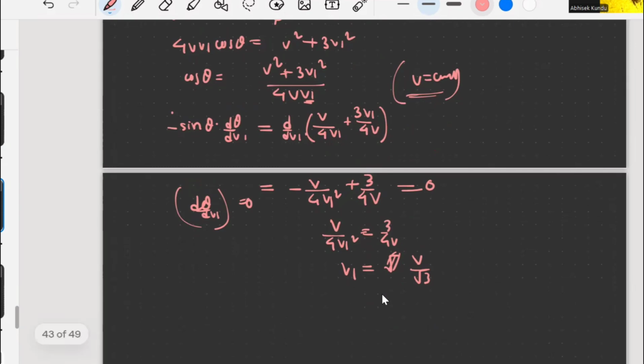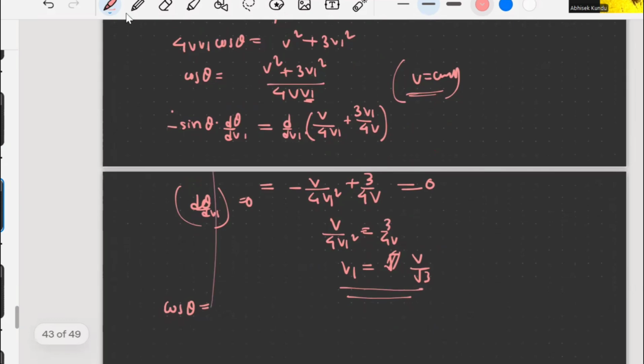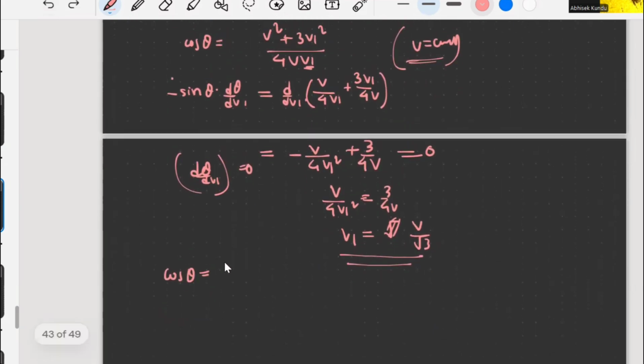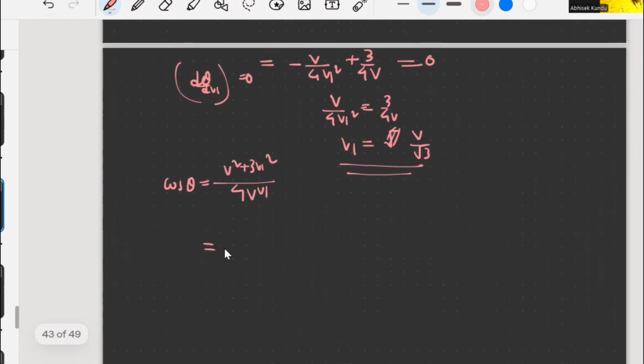So for this value of v1, that is v by root 3, we'll get the maximum value of theta. We can directly put that in our cos theta, whatever we have got. Cos theta is v square plus 3v1 square by 4v v1. Can directly put the value of v1 for the maximum value of theta.